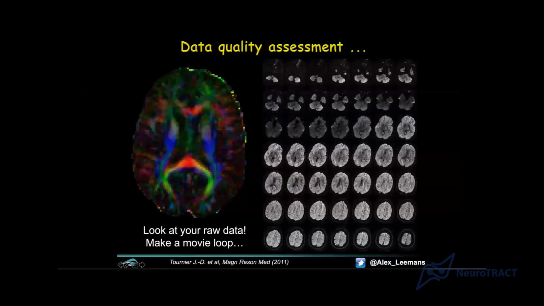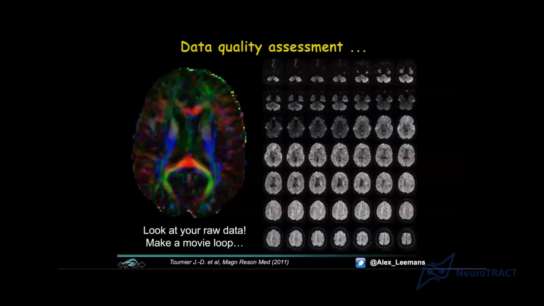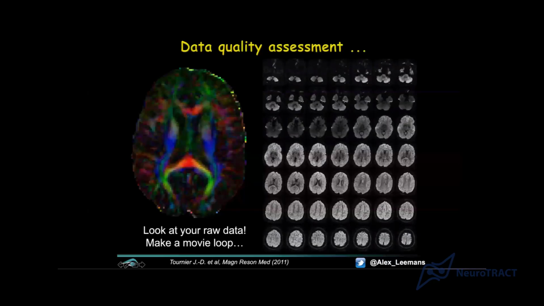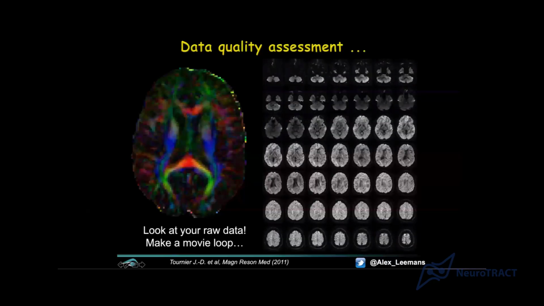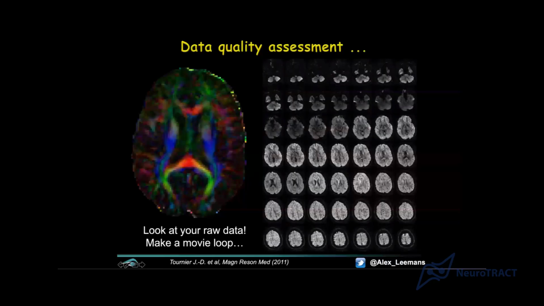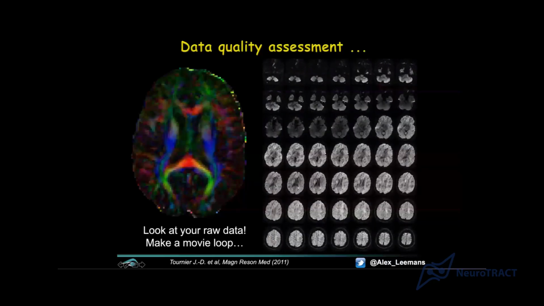So as you can see here, what I'm showing you is this kind of movie loop of all the diffusion weighted images that were acquired, where you can clearly observe that there was subject motion, like the subject was moving his or her head. Well, actually it was me, so it's my head, okay?